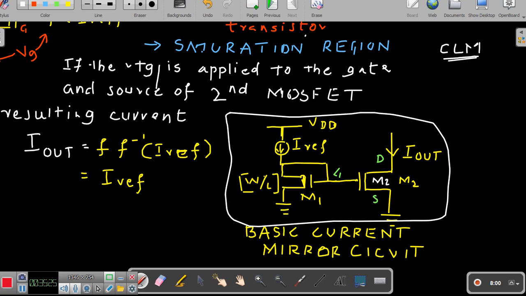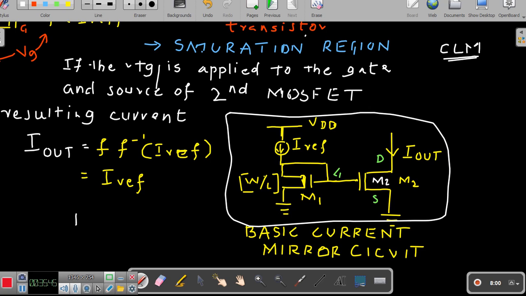Of course, in my next presentation, I will take up the channel length modulation. So now, when we have neglected the channel length modulation of both of these transistors, then M1 and M2 are said to be the current mirrors here.